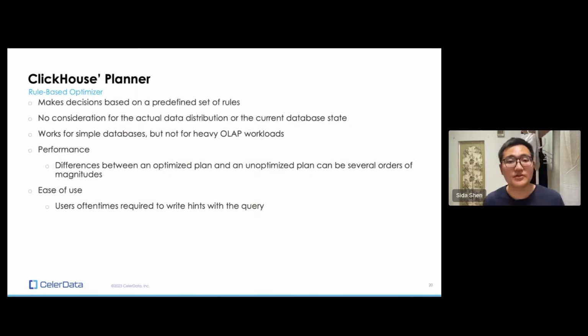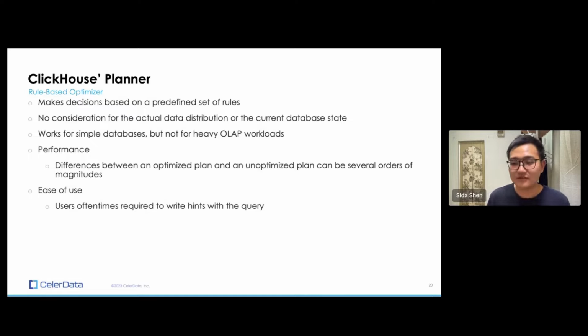And the ClickHouse planner uses a rule-based optimizer. It makes decisions based only on predefined sets of rules or heuristics. It has little consideration for the actual data distribution or the current database state. It probably knows the file size or how many rows, but that's about it.